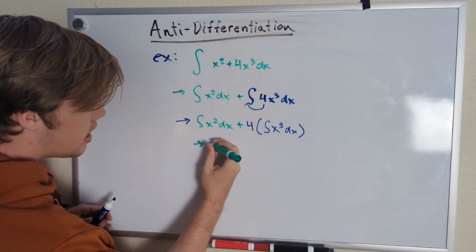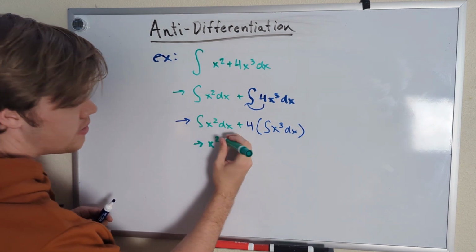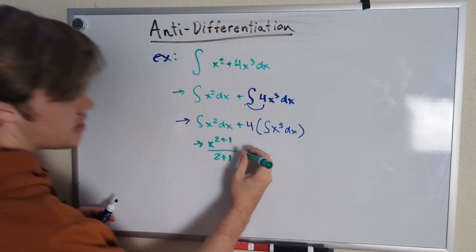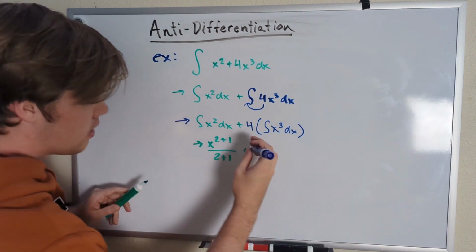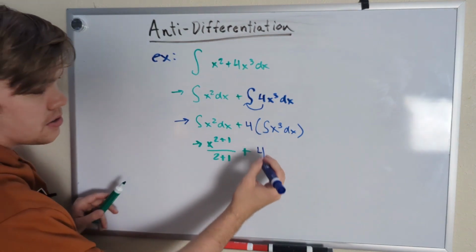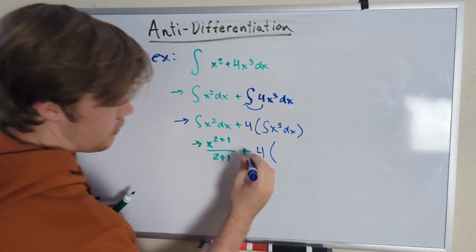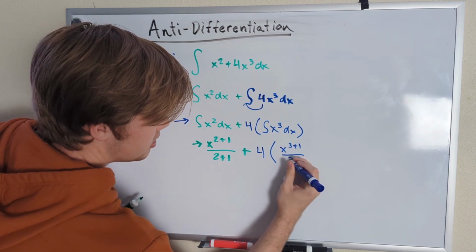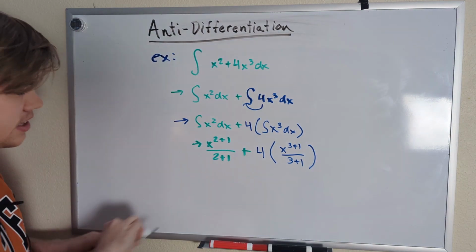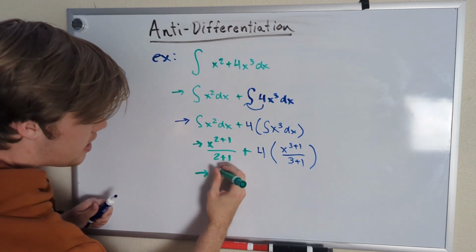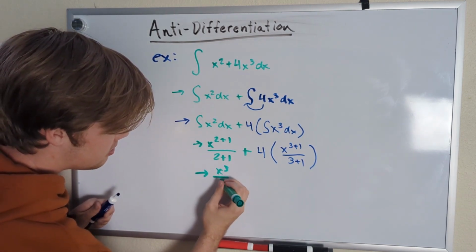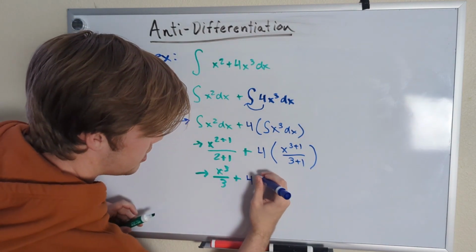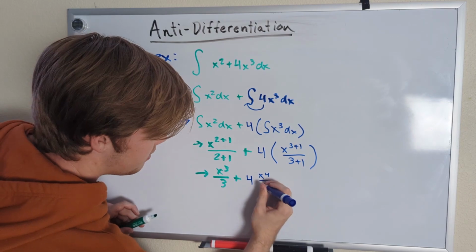We get x to the 2, that's our n value, plus 1 power divided by 2 plus 1, plus 4, and then once again we use the power rule here, 4 times x to the 3 plus 1 divided by 3 plus 1. Simplifying this down a bit, we get x cubed divided by 3 plus 4 times x to the 4th divided by 4.